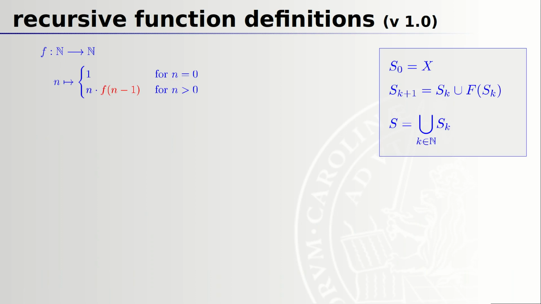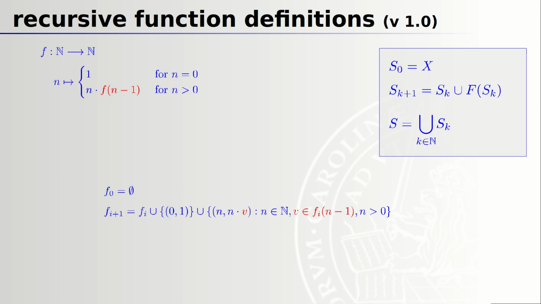So let's try again. This time, we keep in mind that all fi are not functions, but relations. They may be undefined for a given natural number n. f0 is still the empty set. But now, when we construct fi plus 1, we use fi to compute the image of n minus 1 under it. This will contain either one value, which we call v, if fi is defined at that point, or none, if fi isn't defined.